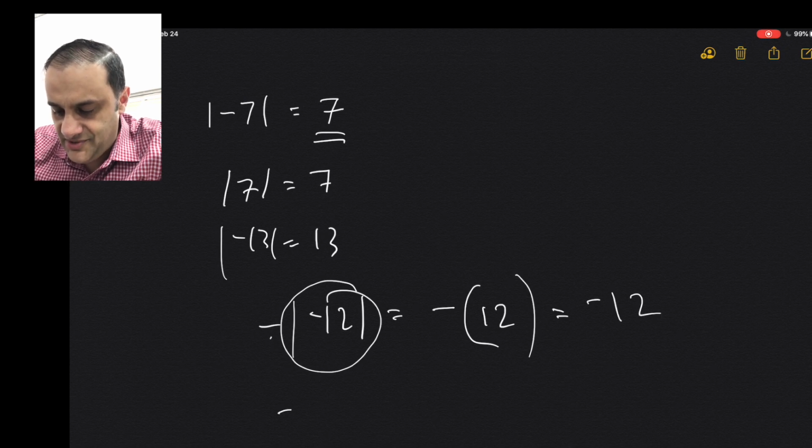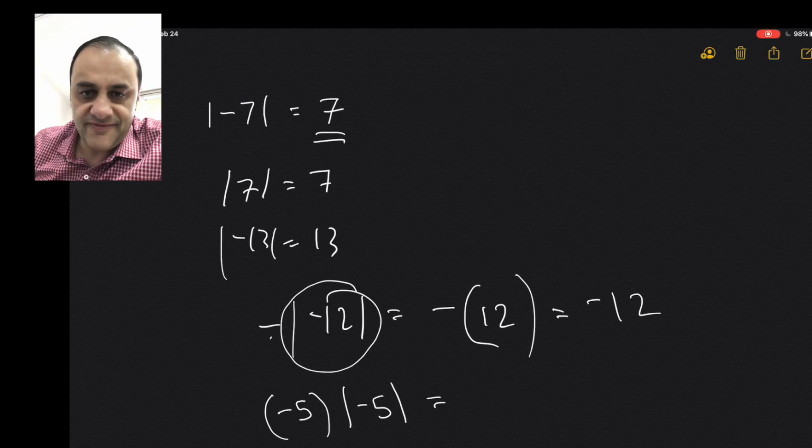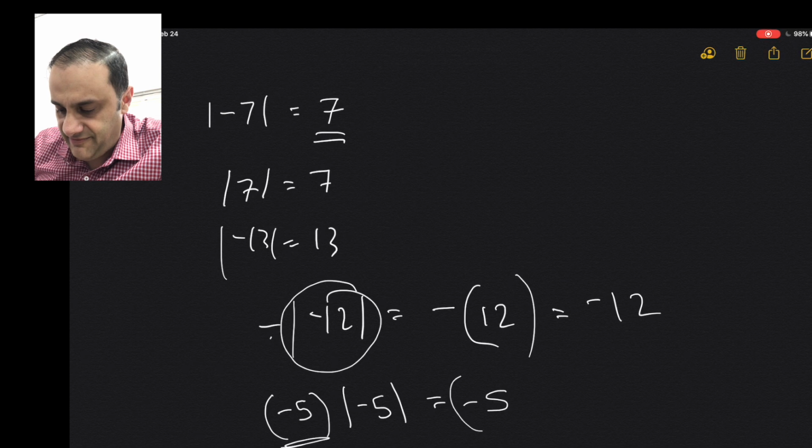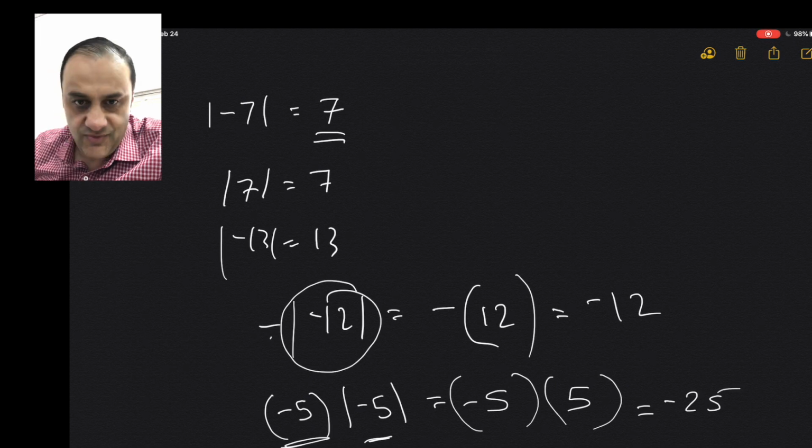One more time: let's say we have -5 times the absolute value of -5. Without the absolute value, negative times negative would be +25, but here the absolute value of -5 is +5. So we have -5 times +5, which is -25.